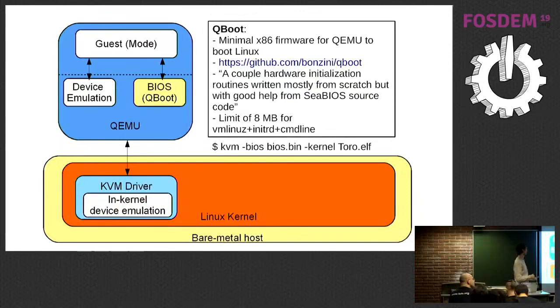It is 8 megabytes, and you can find more information there. What is cool about this is that you can just boot it. I mean, you can just compile it and then use it by passing -bios with the firmware.